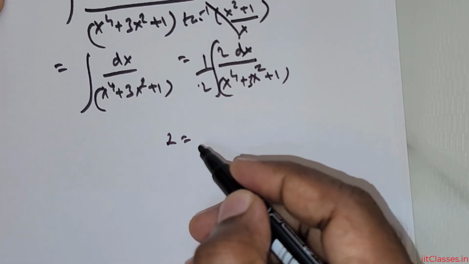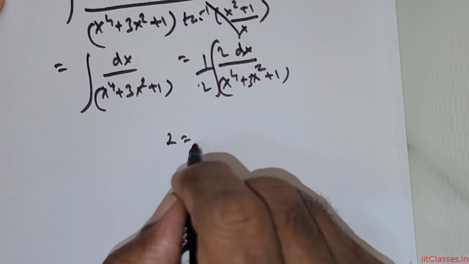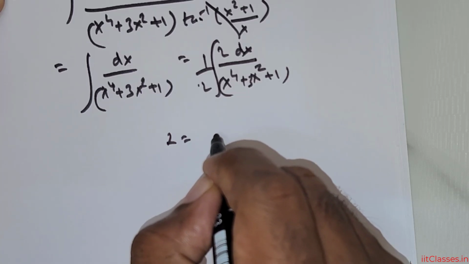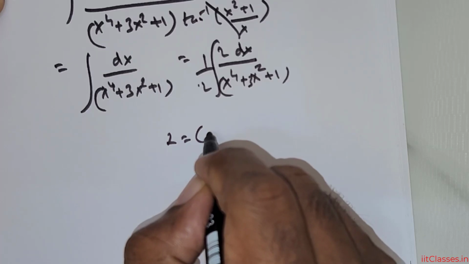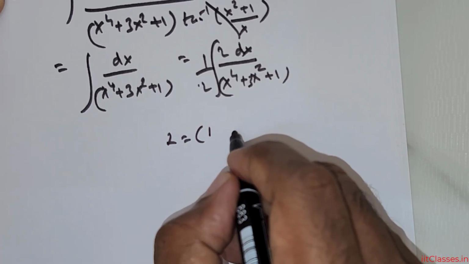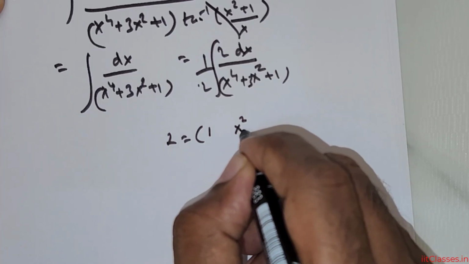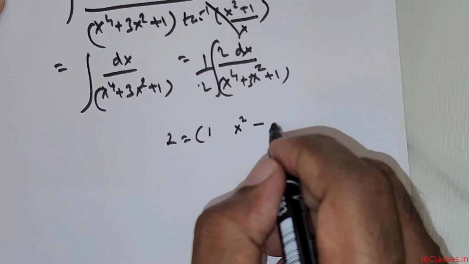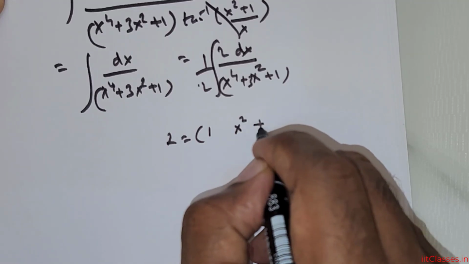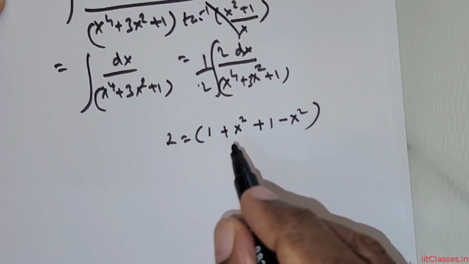Next, I want to rewrite this 2 in such a fashion that I have x², but I am actually getting rid of that x² also. So I need to have a 1 there. This can be positive x² and negative x².